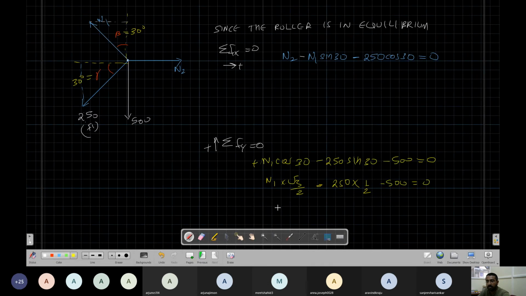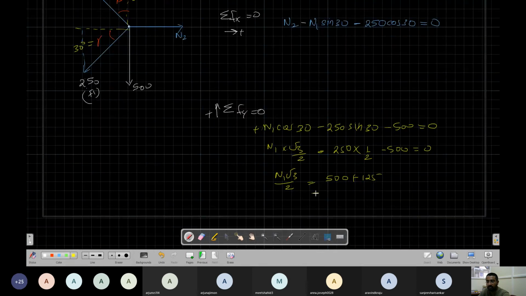Okay, so that means N1 root 3 by 2 equal to 500 plus 125. That is 625. So this means N1 equal to 625 times 2 divided by root 3. So 721.68. Okay, 721.68. So that is about N1.